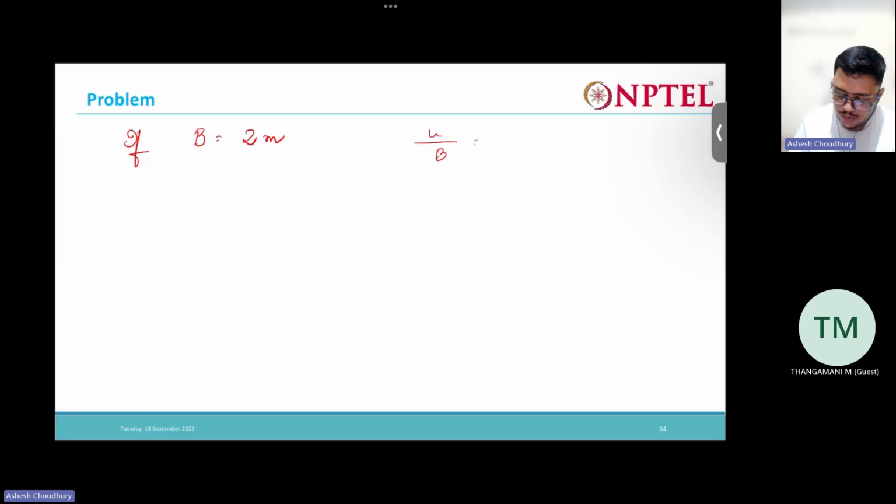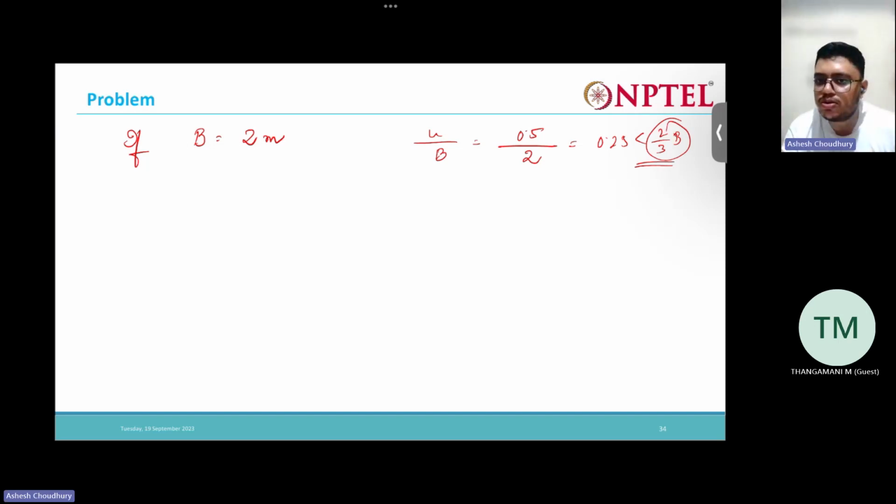So what is U by B? U is 0.5, we decided other things are the same. This is 0.25, less than 2/3 of B, right? So failure will be in the second or third mode.